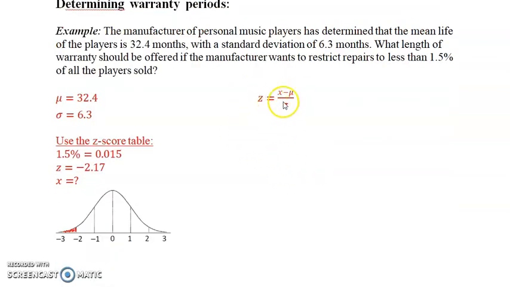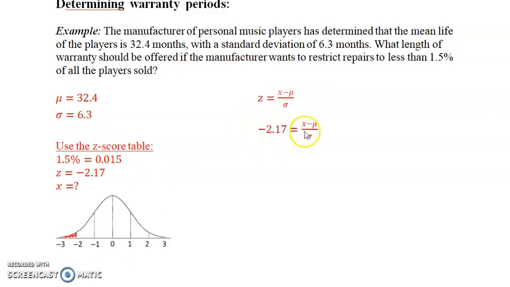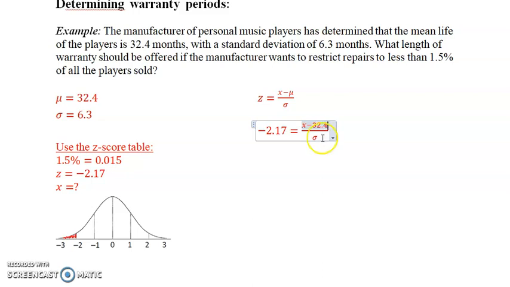Now I'll solve for X. X will be the warranty that we're going to get. So I'll fill in Z, which is equal to negative 2.17. X is what we're looking for. The mean was 32.4. Standard deviation was 6.3.